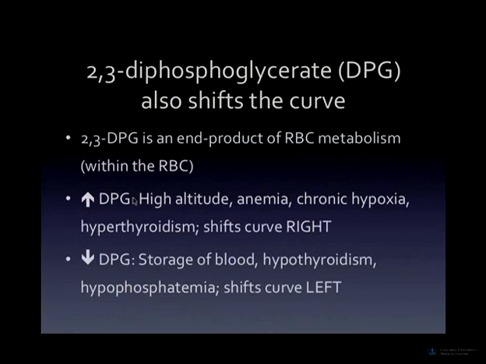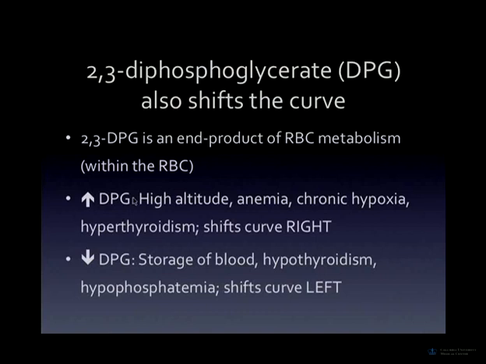2,3-diphosphoglycerate is an end product of red blood cell metabolism. It binds to the beta chain of reduced hemoglobin, and it lowers hemoglobin's affinity for oxygen, facilitating oxygen's release to the tissues. So more 2,3-DPG shifts the curve right, and less 2,3-DPG shifts the curve left.